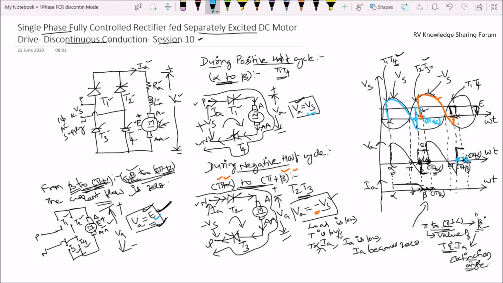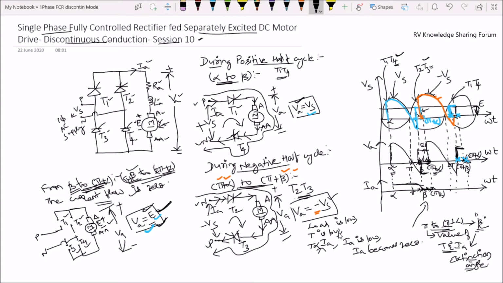Therefore, our armature voltage will be equal to E. So this is our voltage E, and this is the value of E. This is the operation in the negative half cycle.